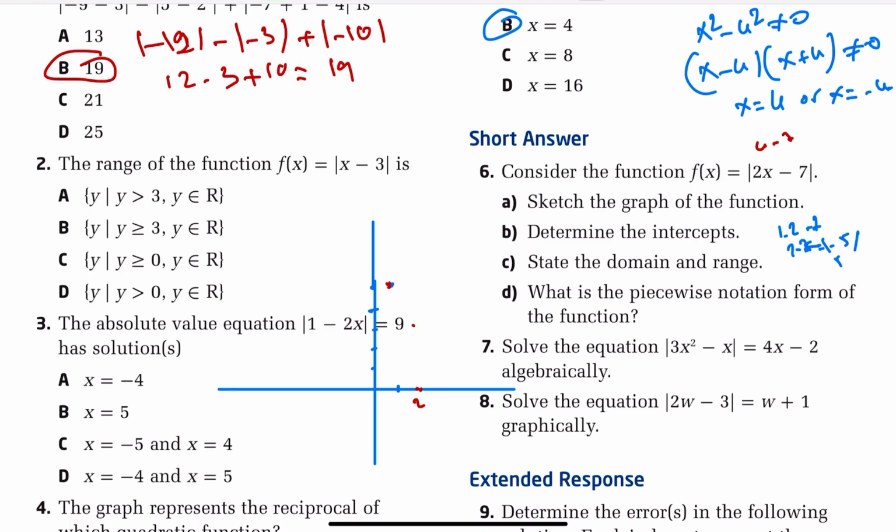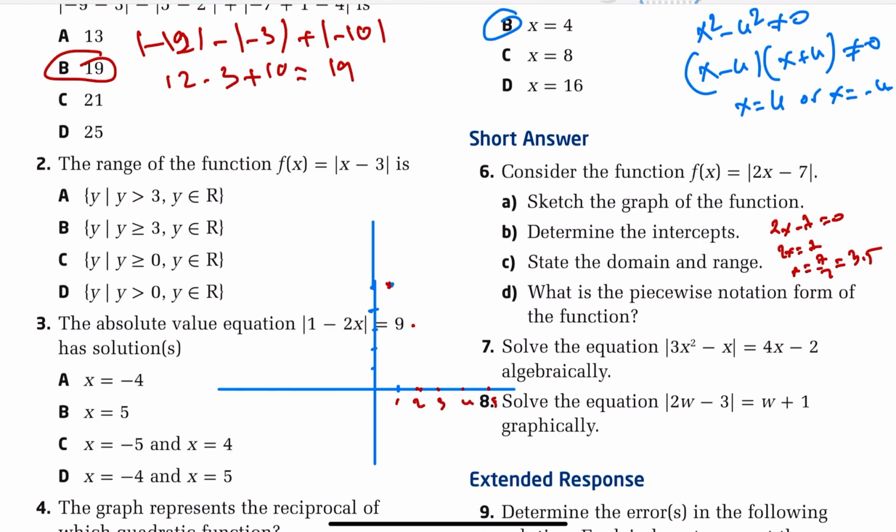Here, I will see when this is equal to 0. This is equal to 0 if this thing is equal to 0. So 2x minus 7 equals 0. This means 2x equals 7. x is equal to 7 over 2, or 3.5.